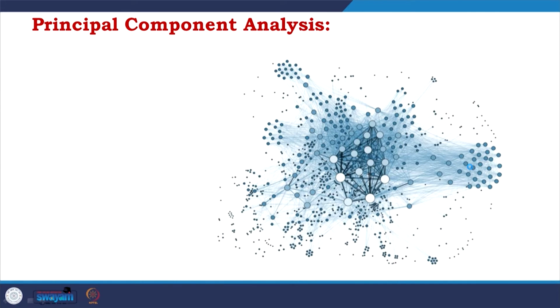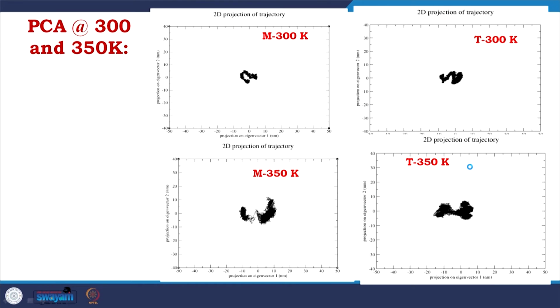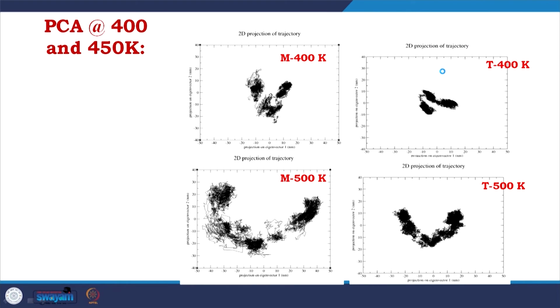We have also checked the principal component analysis, PCA, which we performed at 300 Kelvin. At 300 Kelvin, again you see the mesophilic protein, which is the Ng, is smaller than the thermophilic one, but when it changed from 300 to 350, the PC 1 and 2 graph, the projection or eigenvector 1 and 2, had increased significantly, whereas relatively less increase we have seen in the thermophilic one.